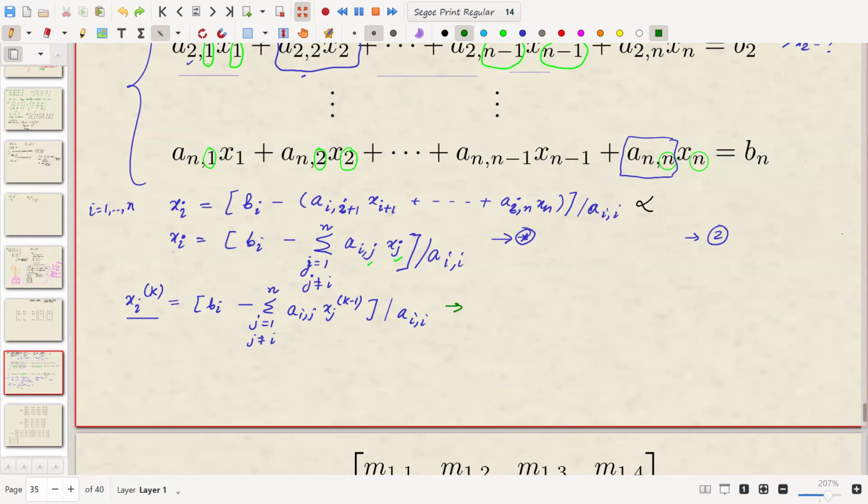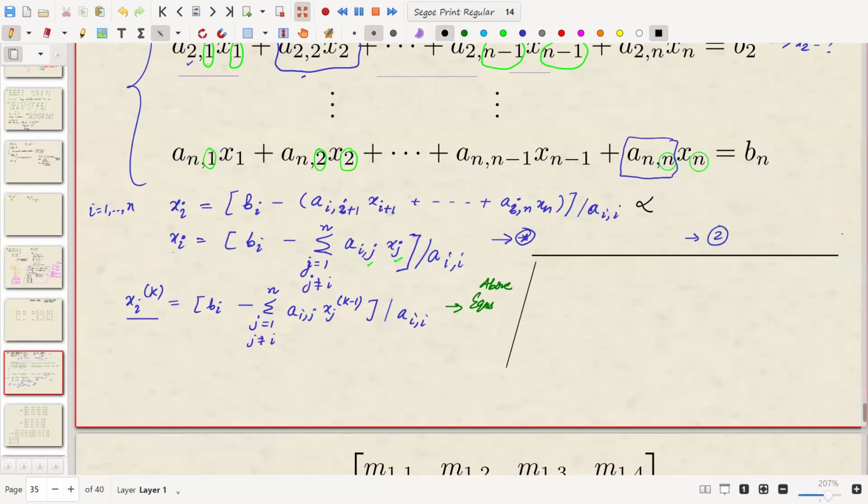Okay, so this is what you got from the above equations, you solved it. Now I am telling you that you are creating a numerical method if you write it like this: x_i at k equals b_i minus summation j equals 1 to n of a_ij x_j at k minus 1, whole divided by a_ii. What do you think?